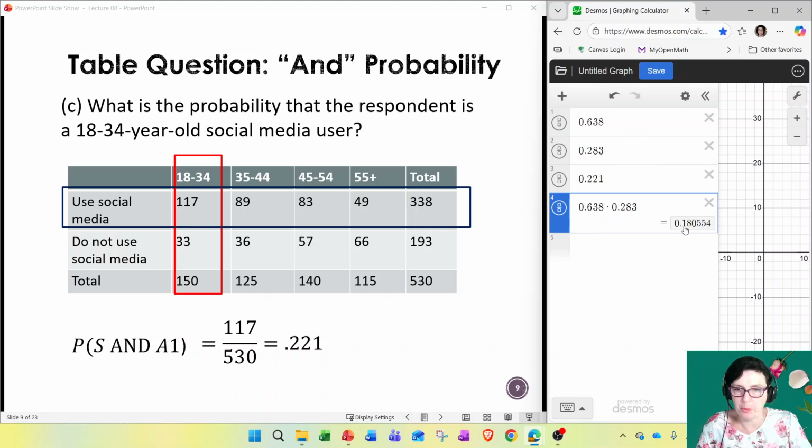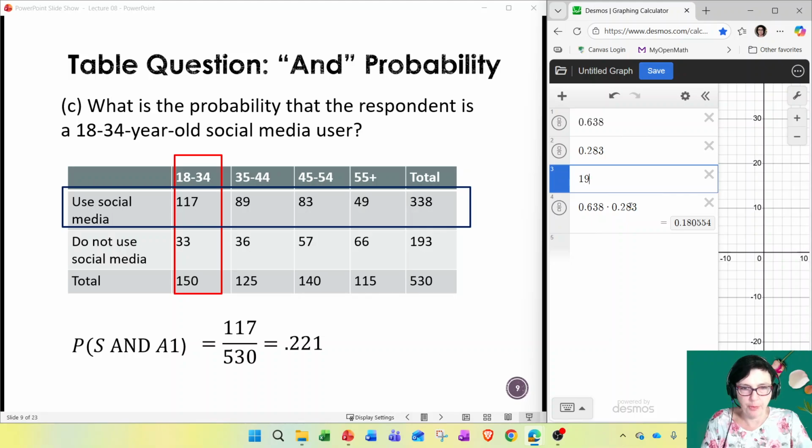So this is going to be 0.180554, and that is not the same thing as 0.221. So these events are not independent. But just to think about why they're not independent: if I told you that somebody is 18 to 34 years old, is that going to affect you knowing that that person will use social media? Well, yes.